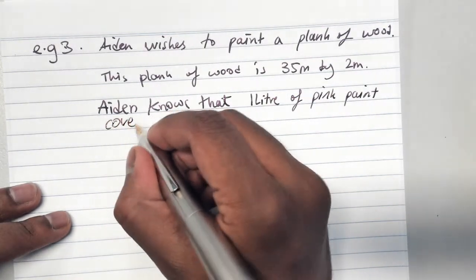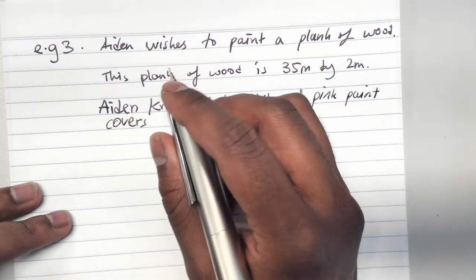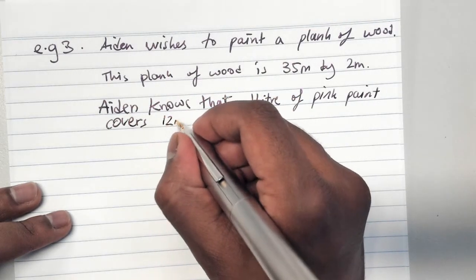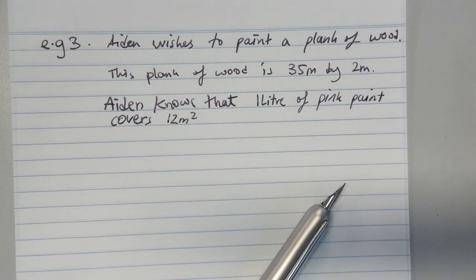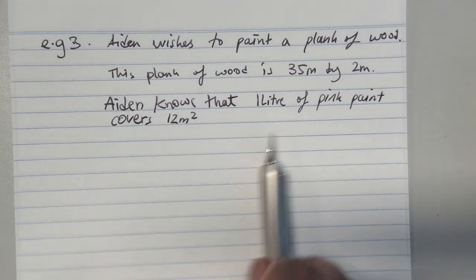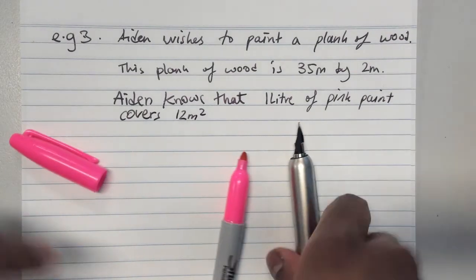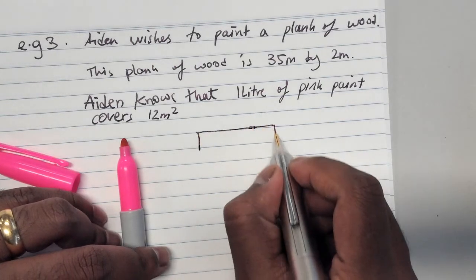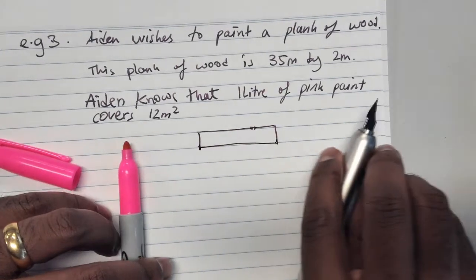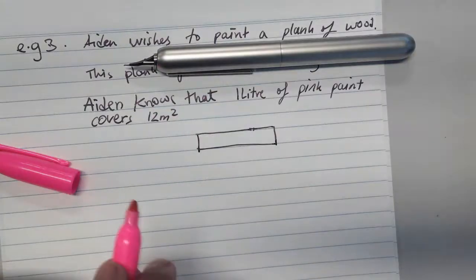Covers 12 square meters. So let's grab out a pink. There it is. So Aiden's plank of wood is like that, and he wants to color it or paint it in pink.